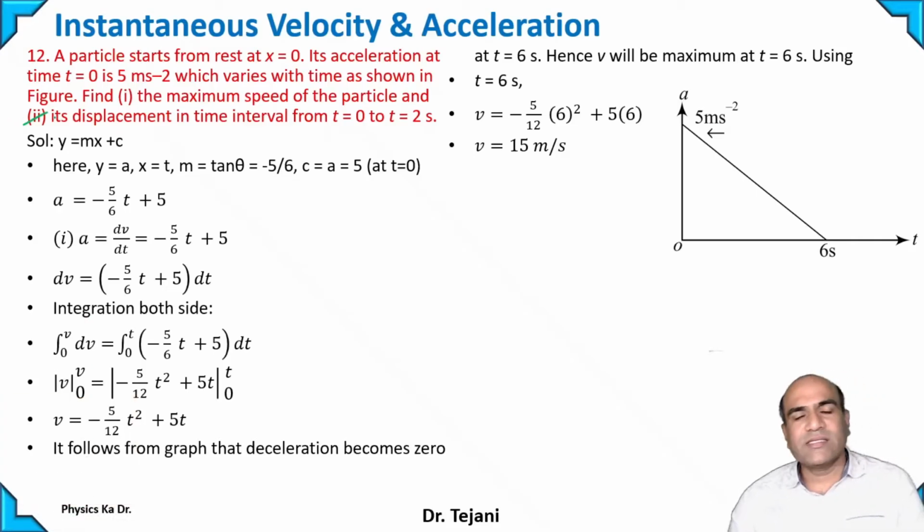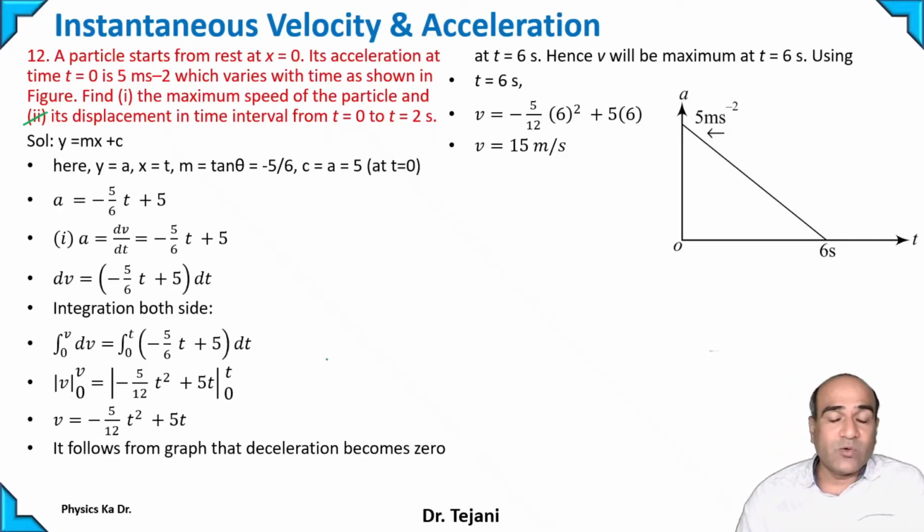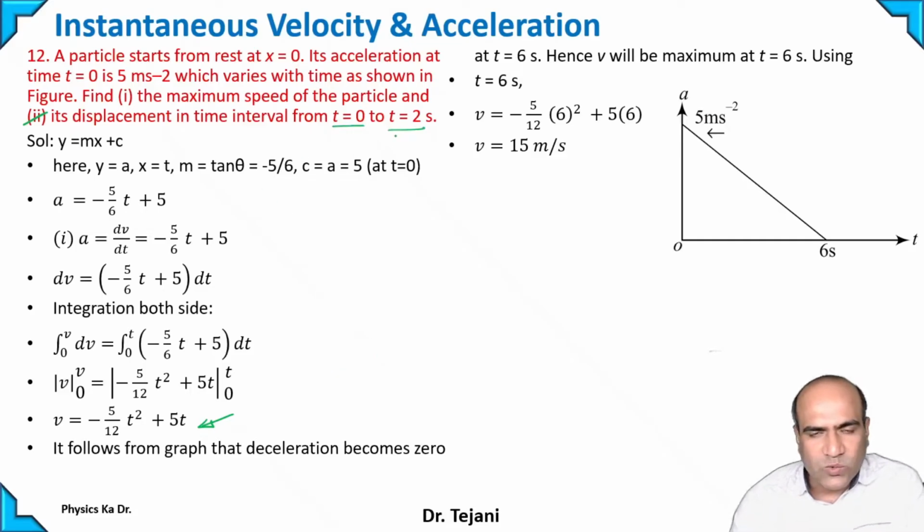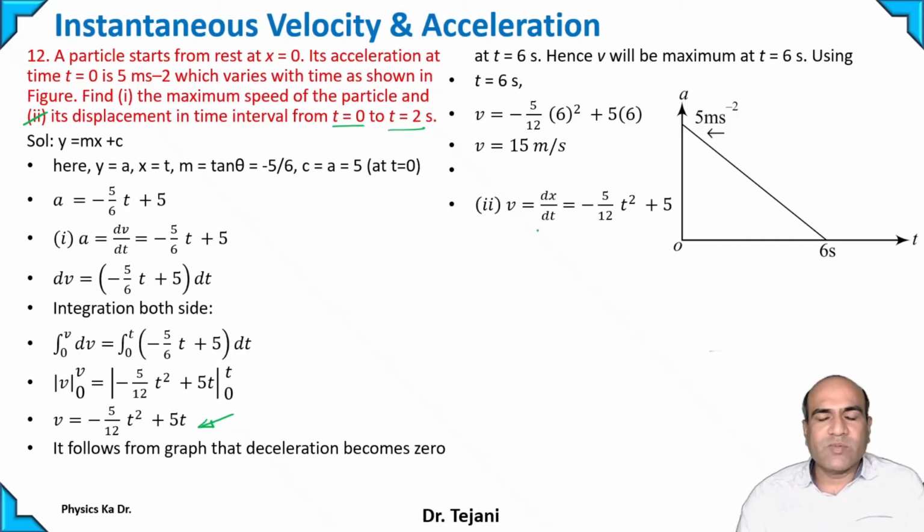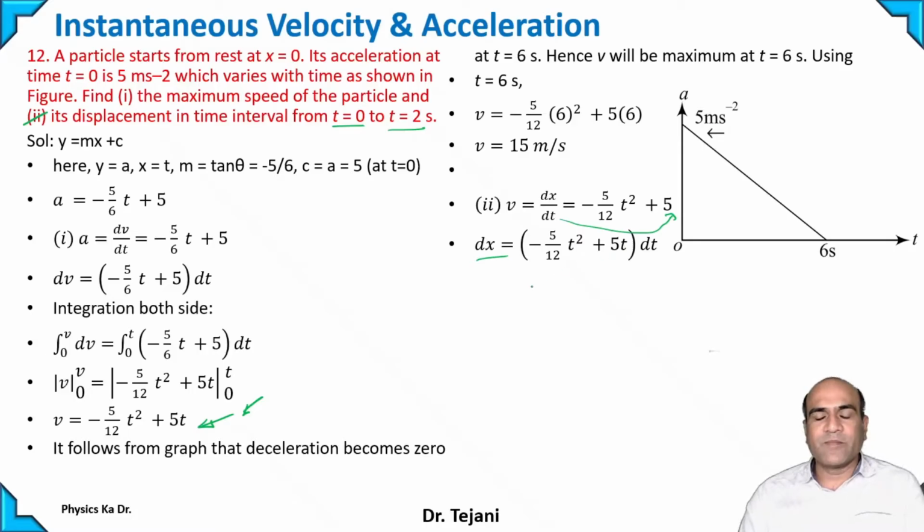Now second, it is displacement. We need to find the displacement. Now we have the equation of v. Similarly, we need the displacement in the time interval t given as 0 to 2. We know that v is equal to dx by dt, and we already have the equation for the velocity. So we can put dt on the opposite side: dx is equal to v dt.